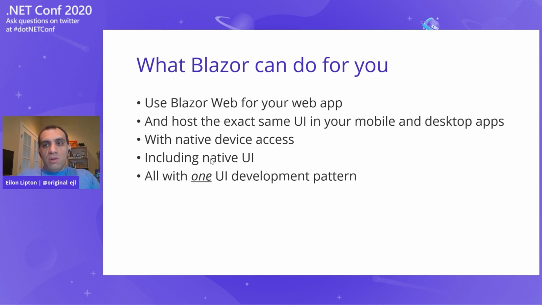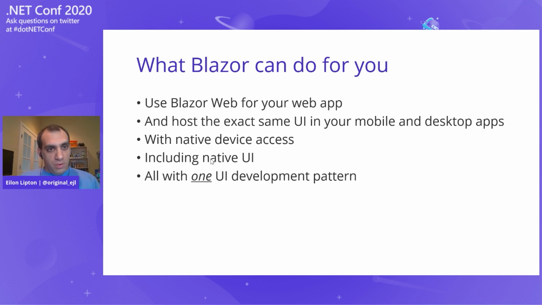And in those mobile and desktop apps, you get full native device access. So if you're running on Android, you could even call into Java APIs that are on the system. You can integrate with a native payment system on the device or access sensors like GPS and whatever else the devices have these days, LiDAR technology and so forth. And you can also include additional native UI surrounding that web UI.